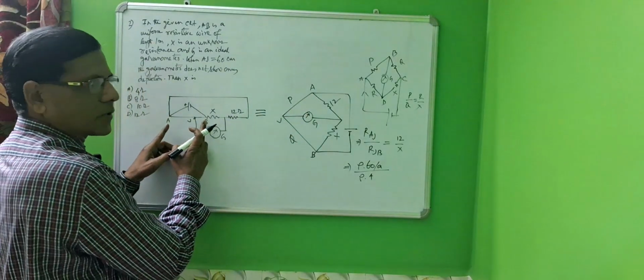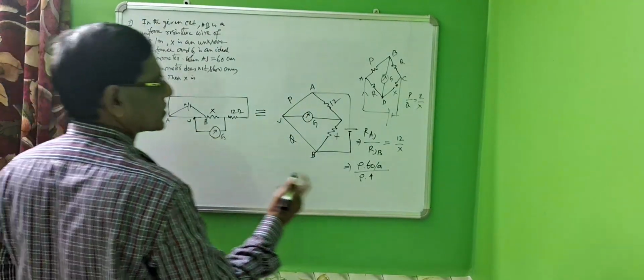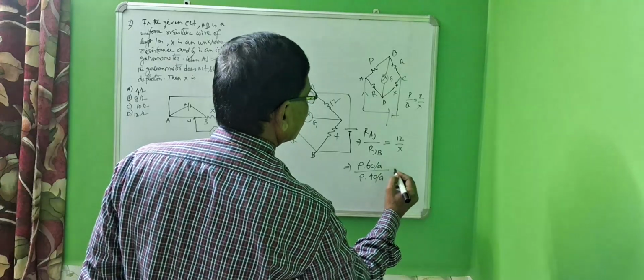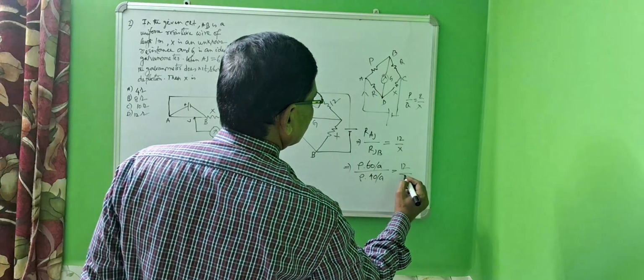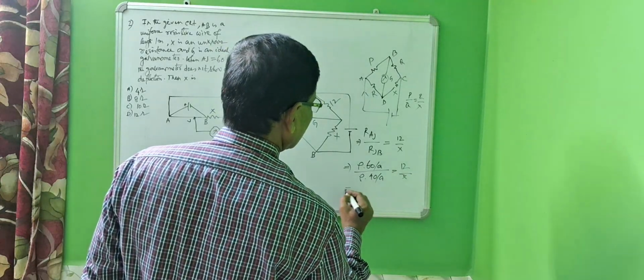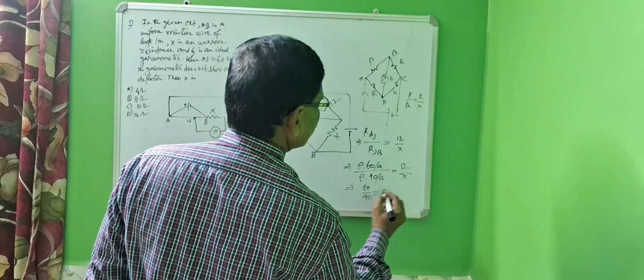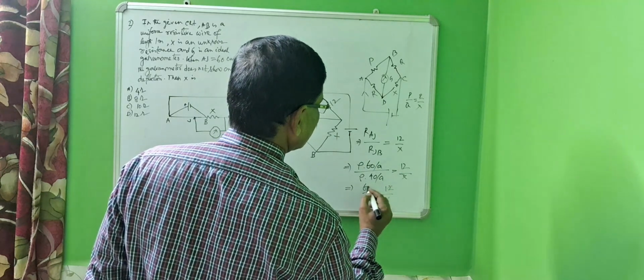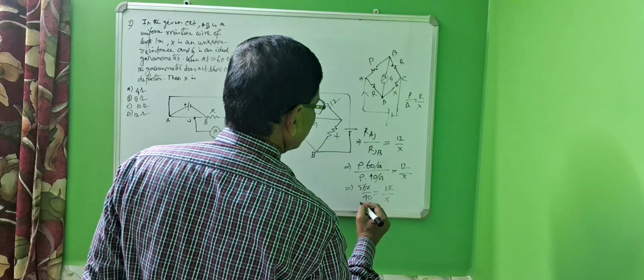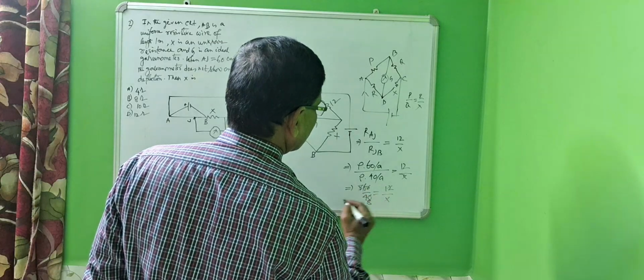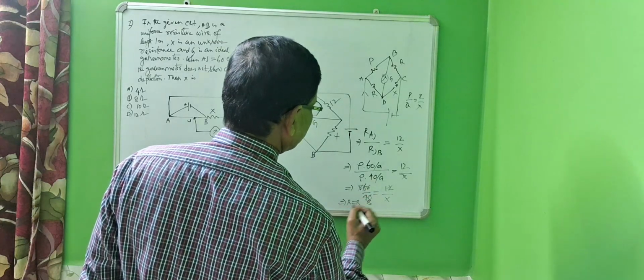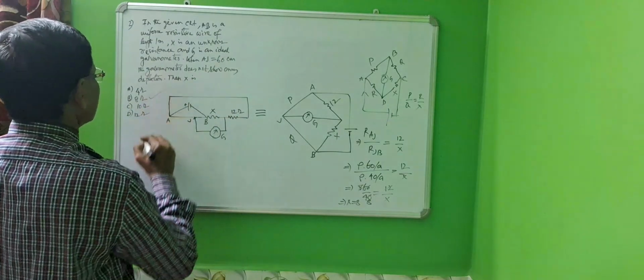AB is of 1 meter length, so JB is 40 centimeters. So 60 upon 40 equals 12 upon X, which implies X equals 8. So the answer is B.